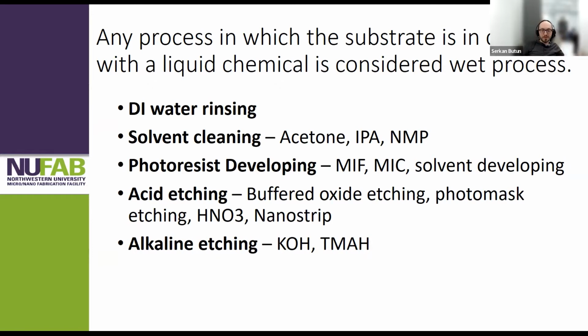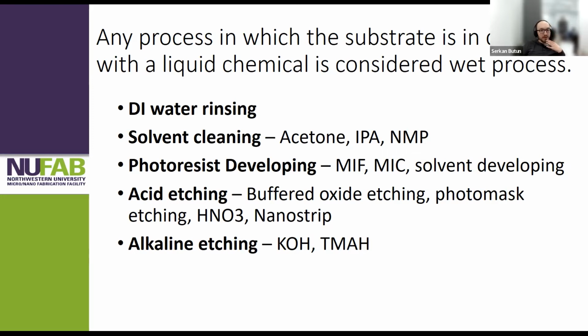Could be simple acetone and IPA, or more stubborn organic residues usually require stronger solvents such as NMP. We have a lot of photoresist developing available in the lab here. They are mainly alkaline developers such as metal-ion-free or metal-ion-containing developers, or we have solvent developing available for some specific resists.